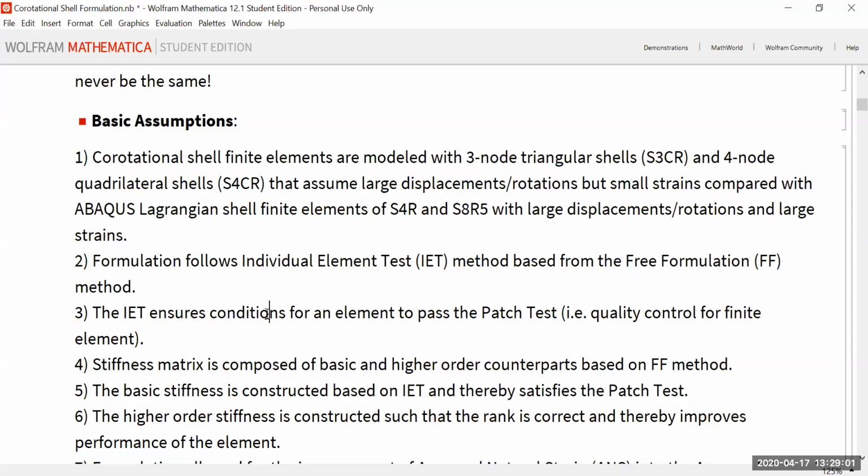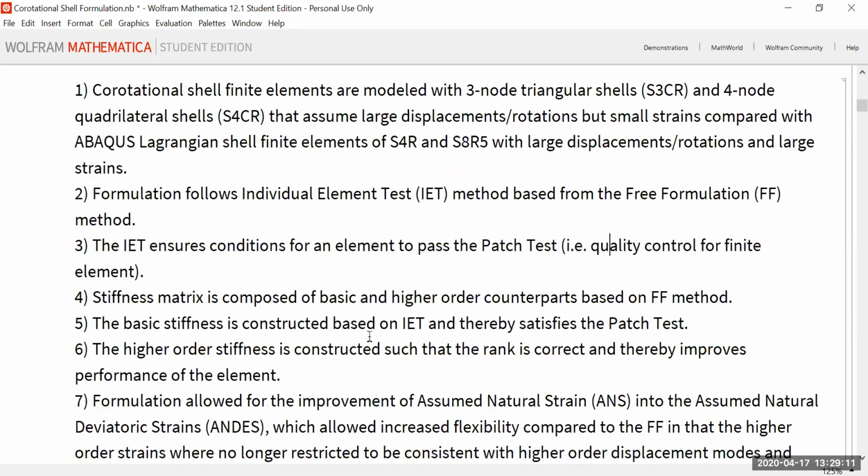Simply, this is just to ensure that you're passing the patch test. For finite elements, this is kind of like a quality control, so that you have accurate solutions, or it works. The stiffness matrix here will be composed of these two, the basic and higher order.